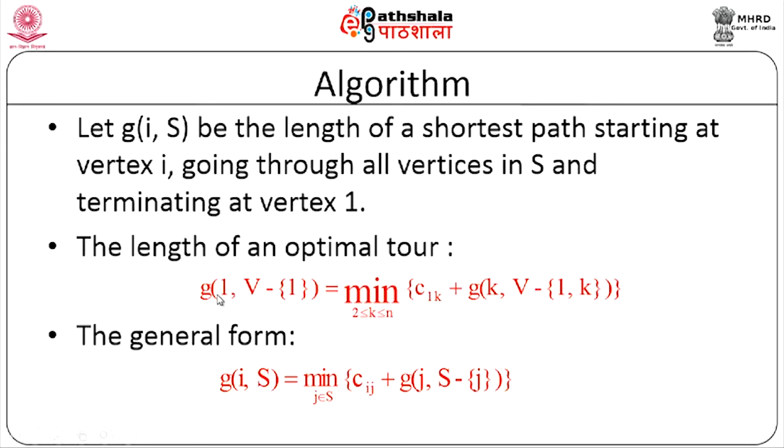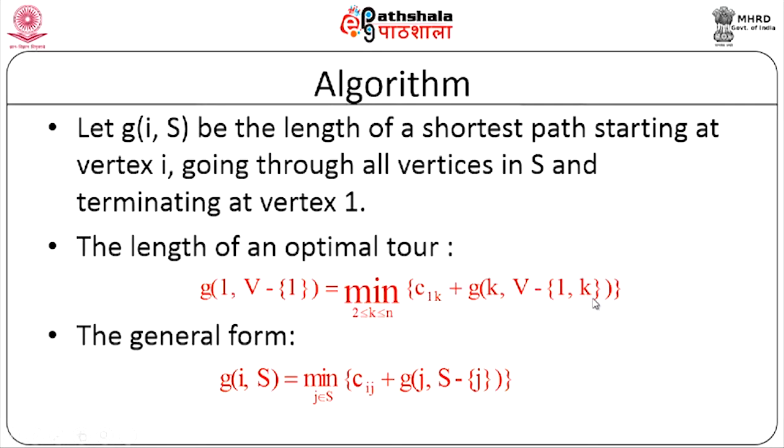I am assuming that I am starting from vertex 1. So, I should not visit 1 again, therefore, it is V minus 1. It is going to be the minimum over k. K is going to be our intermediate city, and it is the distance between 1 to k and the function from k, since I have visited already 1 and k.